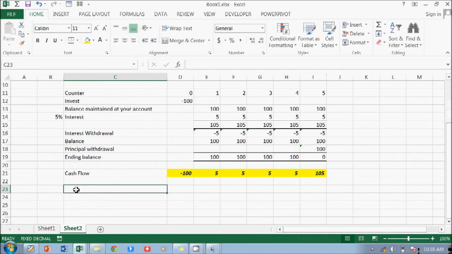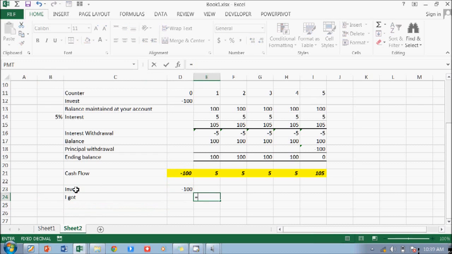So let's see how to put that into the formula. Okay, you invest 100. This is your initial investment. So if we put it into the formula, you can say that the present value, okay, you invest 100, and then I got how much?